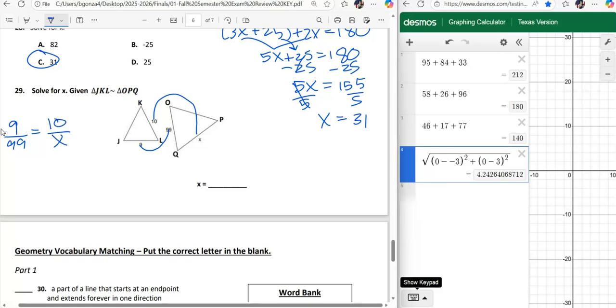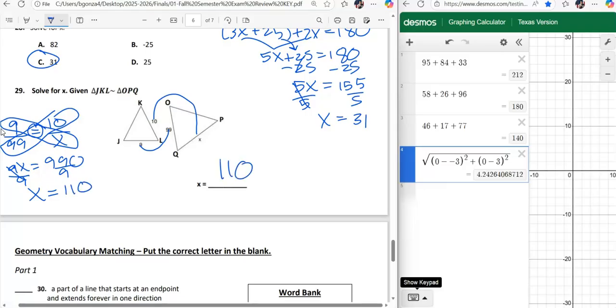Then what do we do? Cross multiply. 9 times x is 9x. Write the equals. 10 times 99 is 990. And then that's the cross multiply. Now we divide, and we get 110 for x. Okay? 990 divided by 9 is 110.